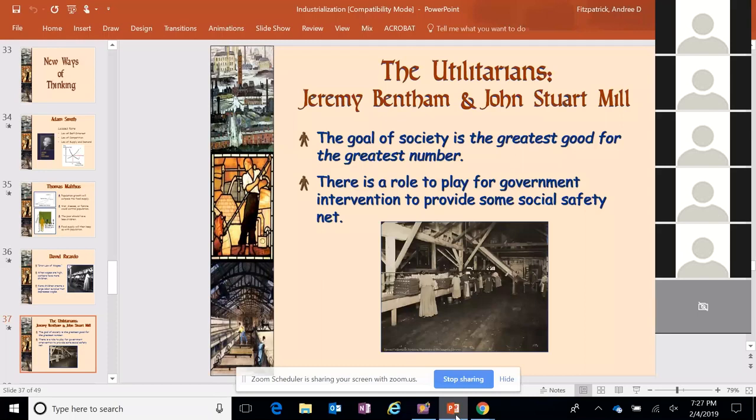So in a pure capitalist society, capitalism will only end up benefiting a small few, and therefore that's not the greatest good for the greatest number in society. So there is a role for government to come in and regulate manufacturing to allow some safety nets for workers.